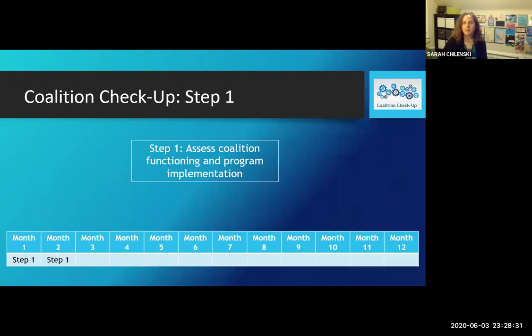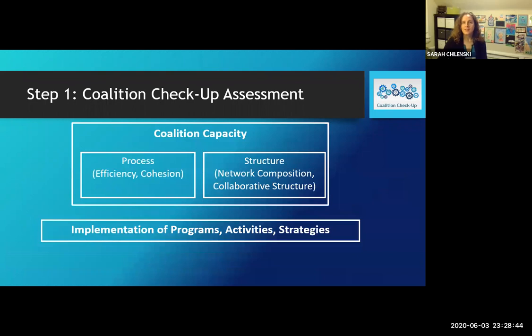The first step is some data collection, collecting information about how your coalition works together and its activities, strategies, and other programs. More specifically, the data collection effort will include assessing coalition capacity, both how the coalition works together and information about the coalition structure or organization.